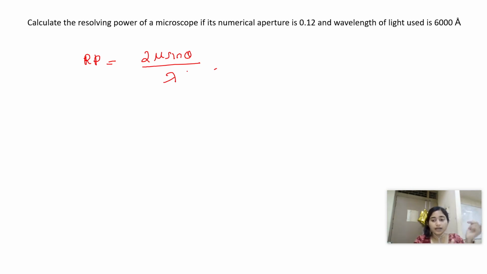Like last week we discussed crystals, planes and all, that is a little more difficult to find the solution. But here if you know the formula, just apply the values and you will get the answer. And definitely there will be options for these cases because unit is very important. So this is 0.04 per micrometer.